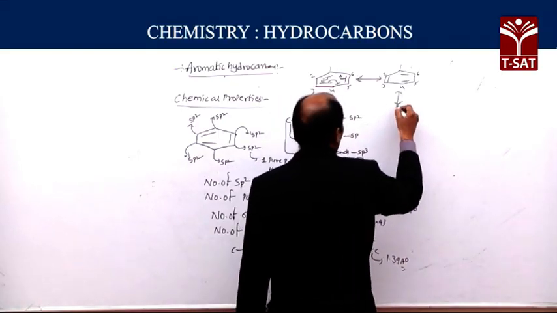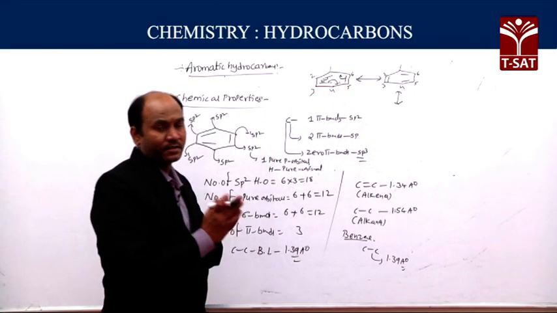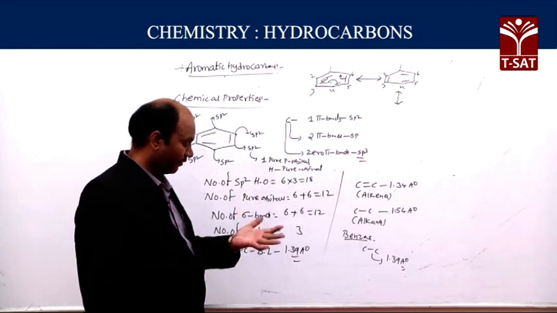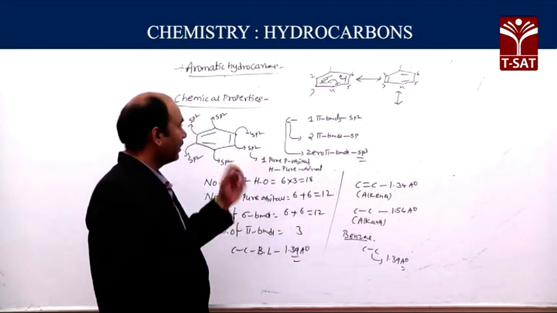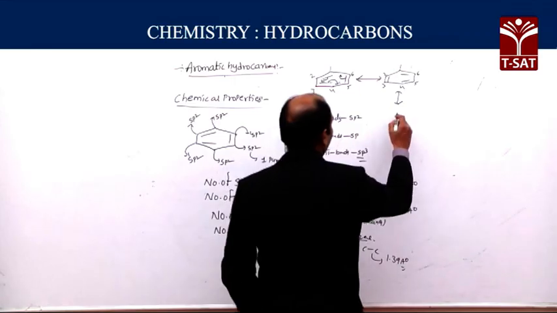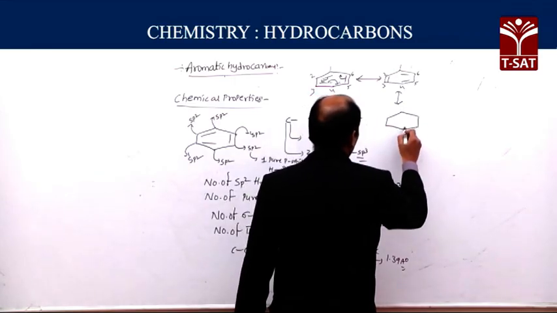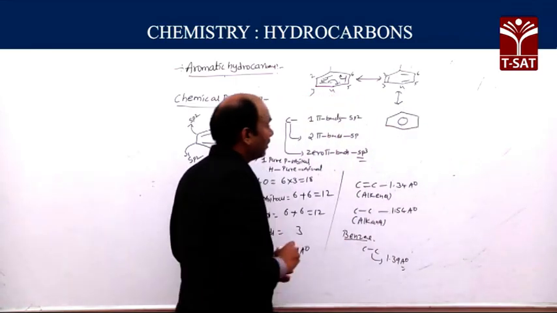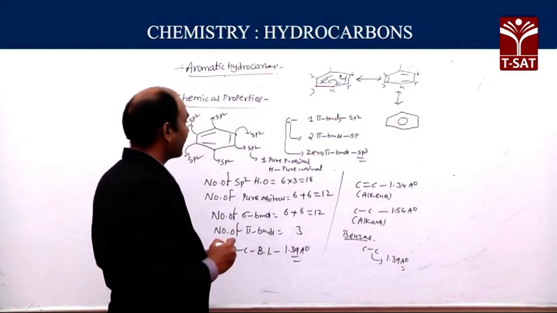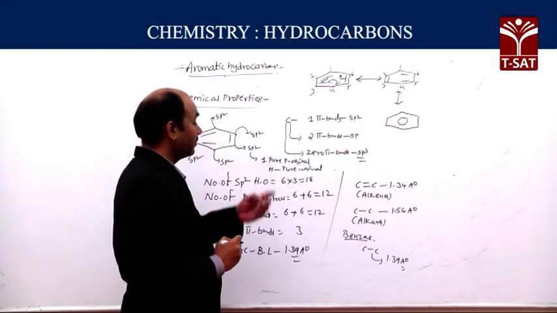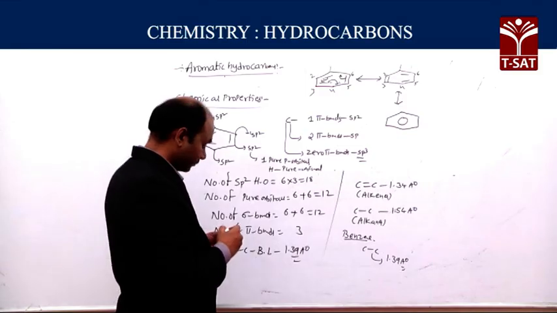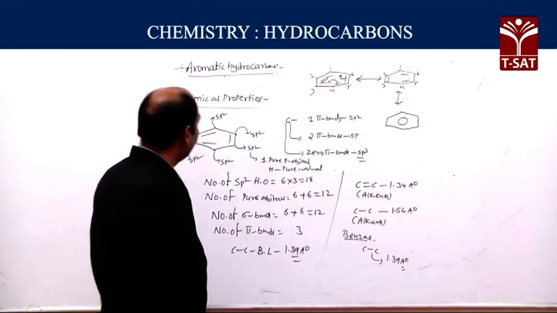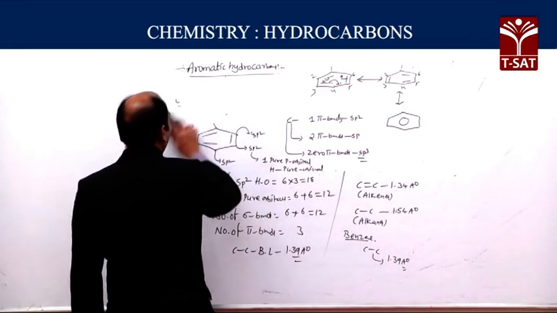The pi bond is not constant between any two carbon atoms. This is a resonating structure of benzene, and this is the resonance hybrid.